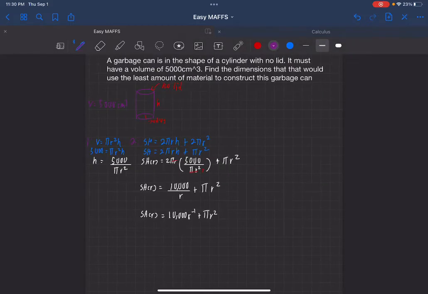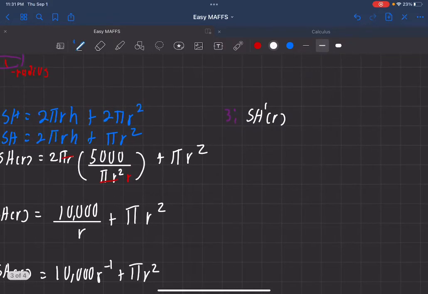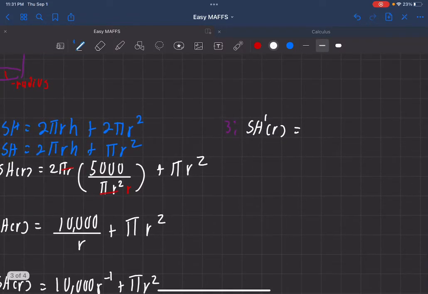So, step 3, we set our first derivative equal to 0. But before we can do that, obviously, we have to solve our first derivative. So, surface area prime of r, that just means our first derivative, is equal to, well, negative 1 times 10,000, so negative 10,000 r to the negative 2 plus 2 pi r.